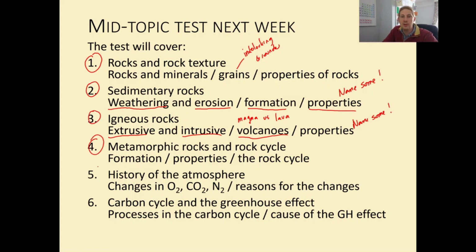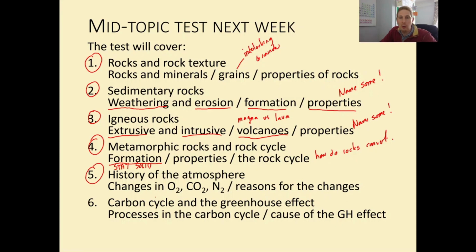Lesson 4, metamorphic rocks and the rock cycle. How are metamorphic rocks formed? The fact that they stay solid. They don't melt. If they melt, they become igneous rocks. They stay solid, but their properties change. And then the rock cycle. How do the rocks convert? History of the atmosphere. We did that last week.